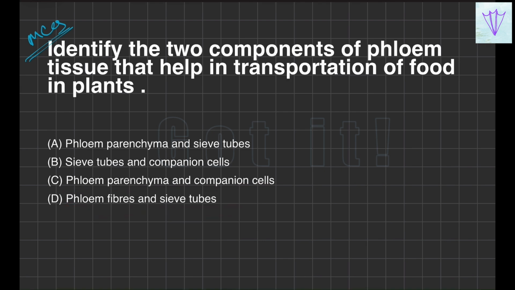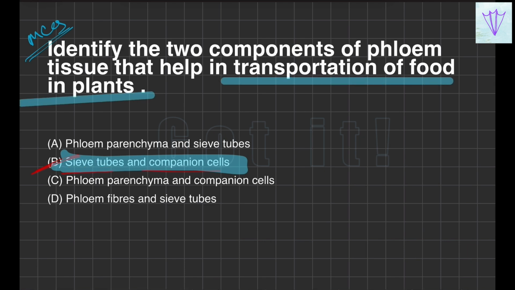So the correct answer, we all know, would be option B, which is sieve tubes and companion cells, because sieve tubes are responsible for the actual transport of organic nutrients like sugars, while companion cells assist the sieve tubes by providing metabolic support and helping in loading and unloading of the solutes. So the correct answer would be option B, for the transport of food in plants.